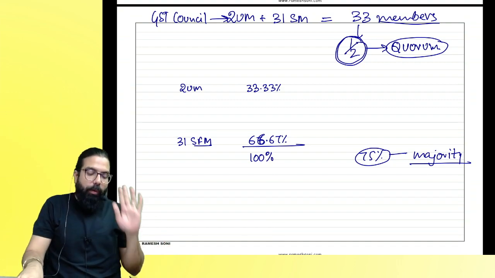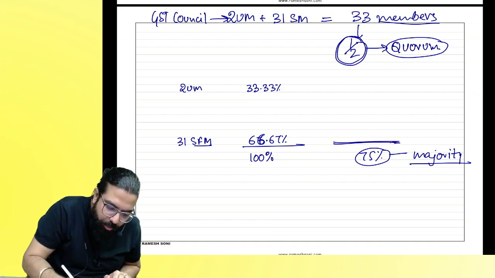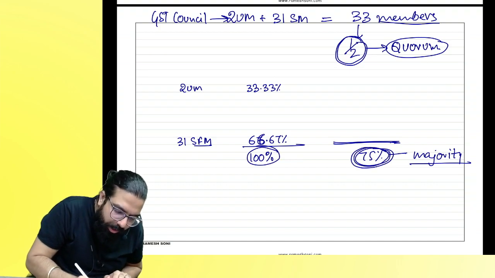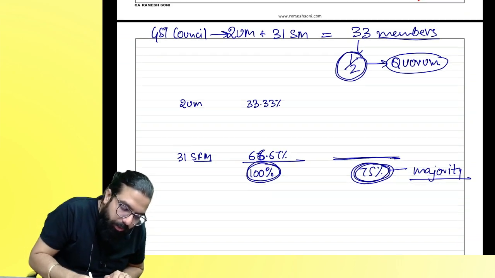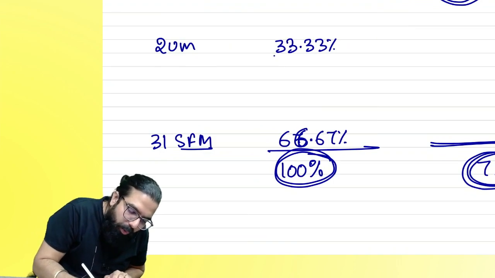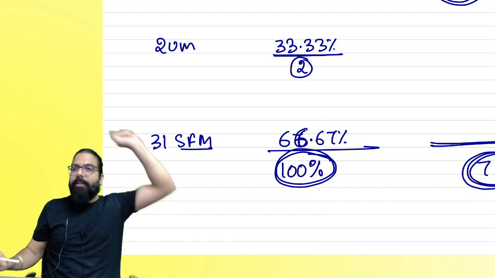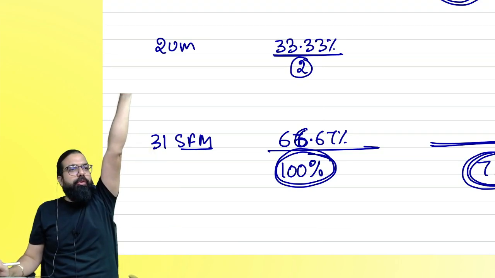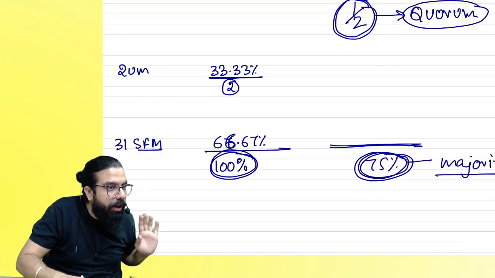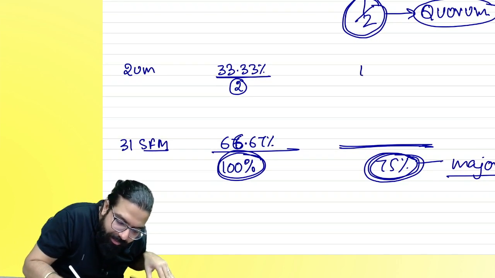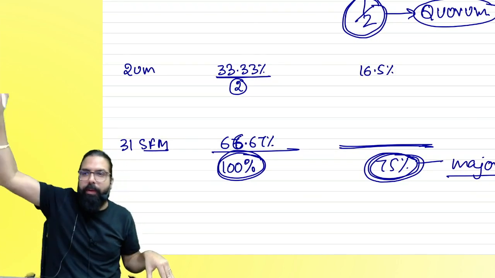And now in the voting system, how much majority has to be achieved? How much is the total weight of the vote? So can you tell me, the union minister's vote weight is how much? 33% divided by 2. Nirmala Sitharaman told, I agree, it should be 12, it should be 28. Vote in favor. How much is this? 16.5% approximately in favor.